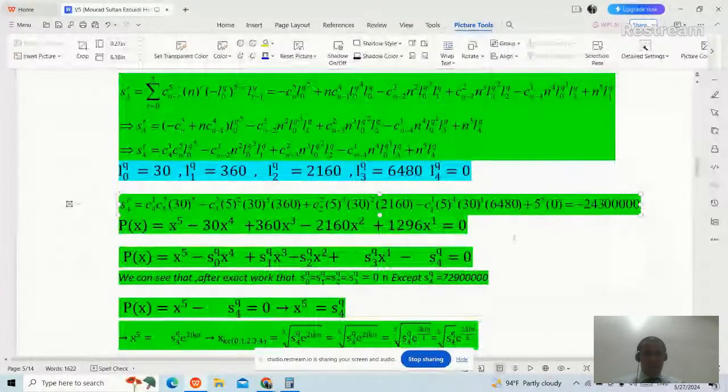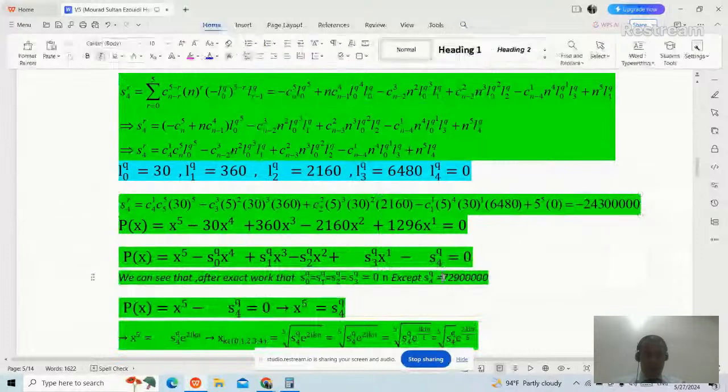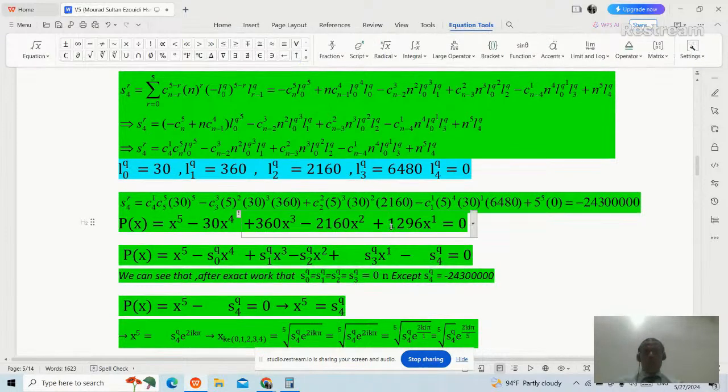So this one will be negative 243, 243, 1, 2, 3, 4, 5. I will erase the rest. Now we told that in order, this our polynomial, this is of course 6,480. We'll correct this after.